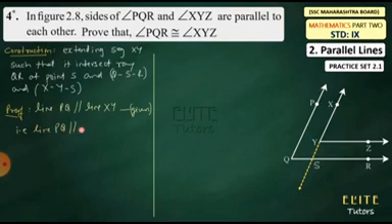So we will write line PQ is parallel to line XS. Got it everyone? Now QR and YZ are also parallel.